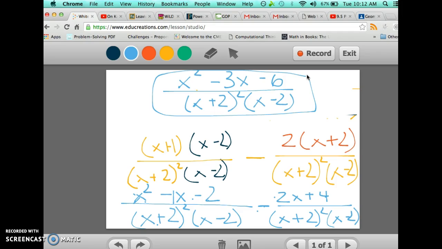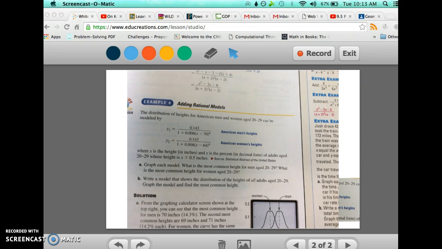Okay, I'm going to pause for a second. That is this one, it's a word problem. It says the distribution of heights for American men and women aged 20 to 29 will be modeled by these two fancy equations. We're just going to do part B of this example. X is the height in inches, and Y is the percent of adults aged 20 to 29 whose height is that.